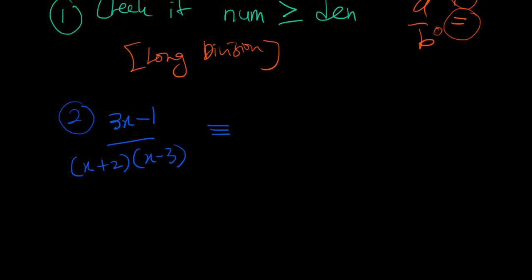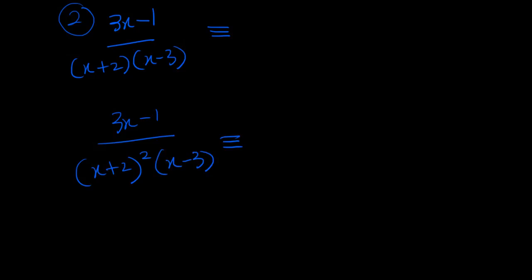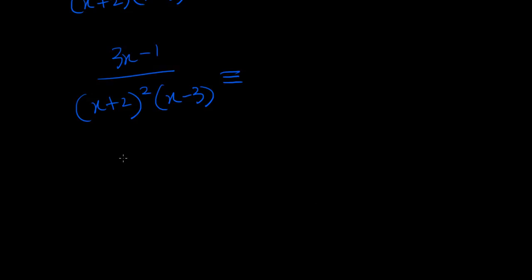And then another one is (3x minus 1) over (x plus 2) squared (x minus 3). And another one will be (3x minus 1) over (x squared plus 2)(x minus 3).